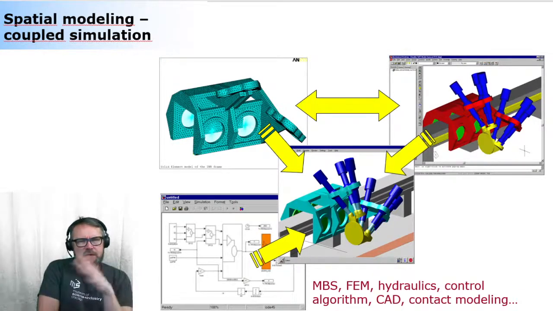That is then communicating together with the software that is specialized to actuator modeling, and so on and so forth. And then there could be even one more software that is specialized to visualization. Maybe this kind of setting could be used. But coupled simulation is simply combining different disciplines together. So that's how it goes.